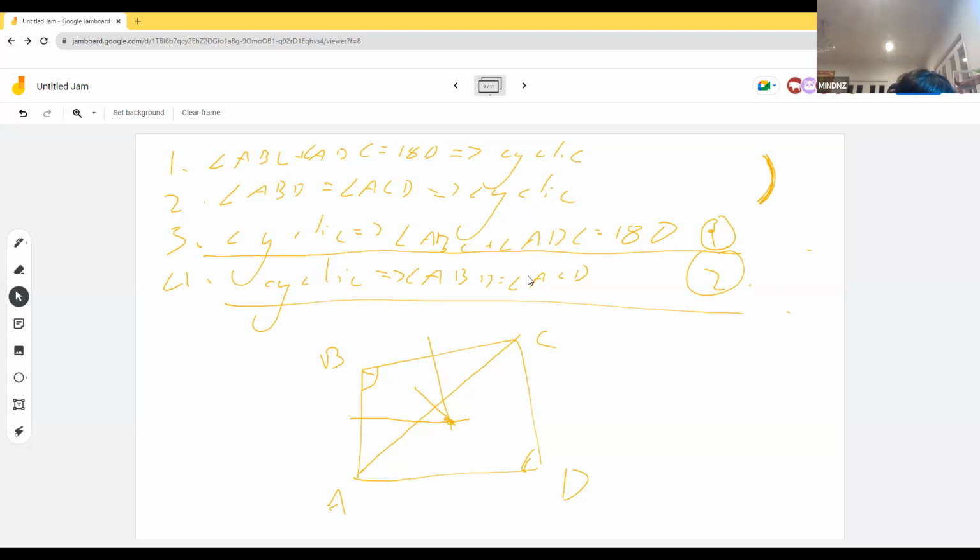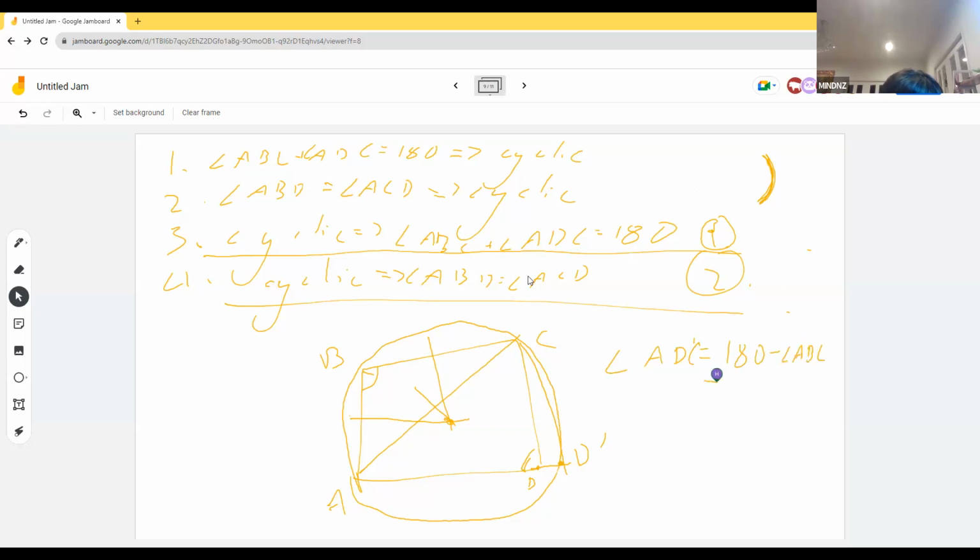So consider the circumcircle of ABC. If it's on D, then we're done, right? ABCD is cyclic. But for the sake of contradiction, let's suppose it's not on D. Then extend line AD until it touches the circle and call that D dash. So ABCD dash is cyclic, and so angle AD dash C is equal to 180 minus angle ABC.